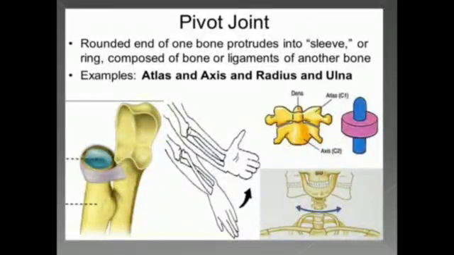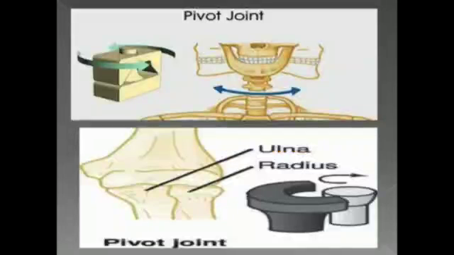Examples are the atlas and axis, and the radius and ulna. See, this is a pivotal joint. Ulna, radius, these all are pivotal joints.